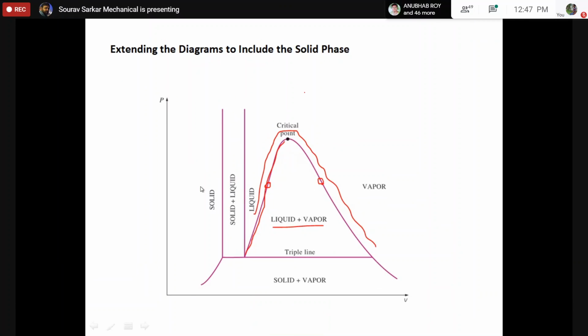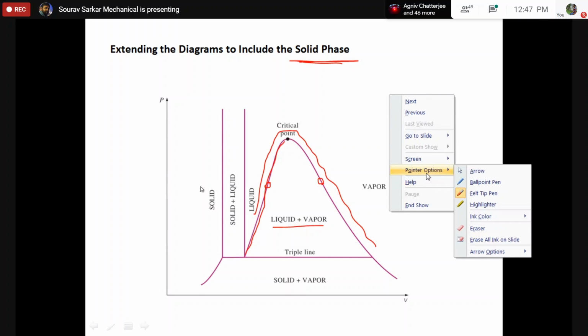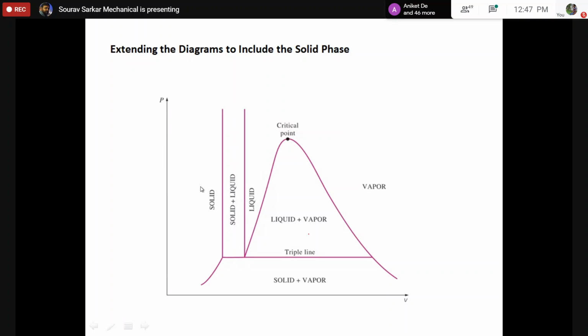Now we are extending this diagram into the solid phase. If I extend this, I will get a diagram like this. One line: this is the beginning of melting.